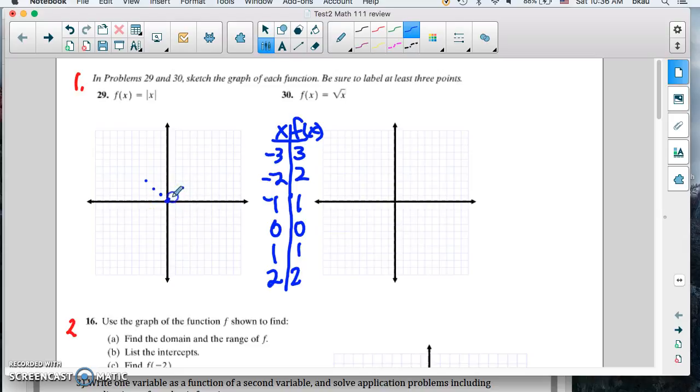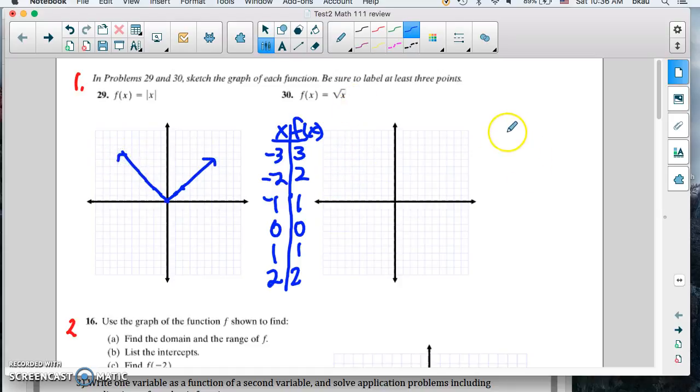So it's going to be this V-shaped graph. What I expect to see is that you use the points that you picked and that you've drawn your line through those points, and this is the absolute value.